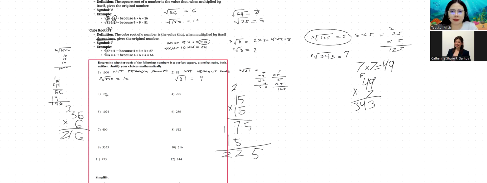In our example, what is 7 times 7 times 7? That is 343.